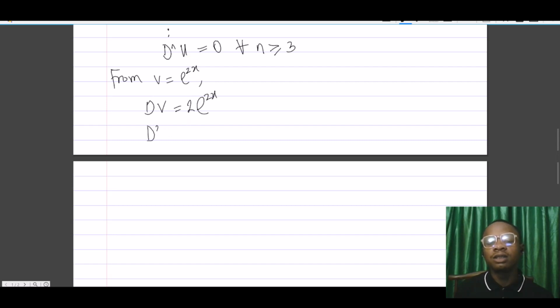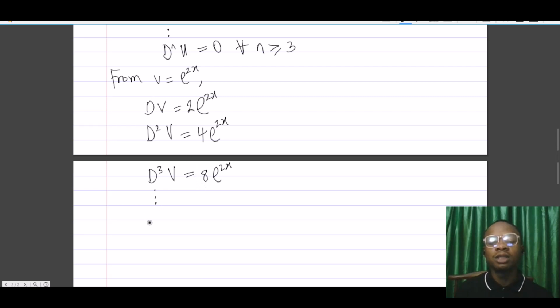Then the second derivative of v is 4 e to the power of 2x. Then the third derivative of v will be 8 e to the power of 2x. So we can already see a pattern here: for successive terms we just keep multiplying the coefficient by 2.